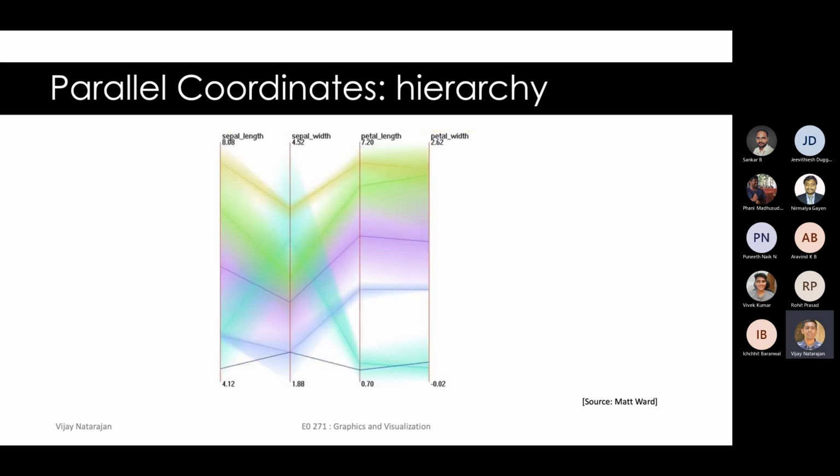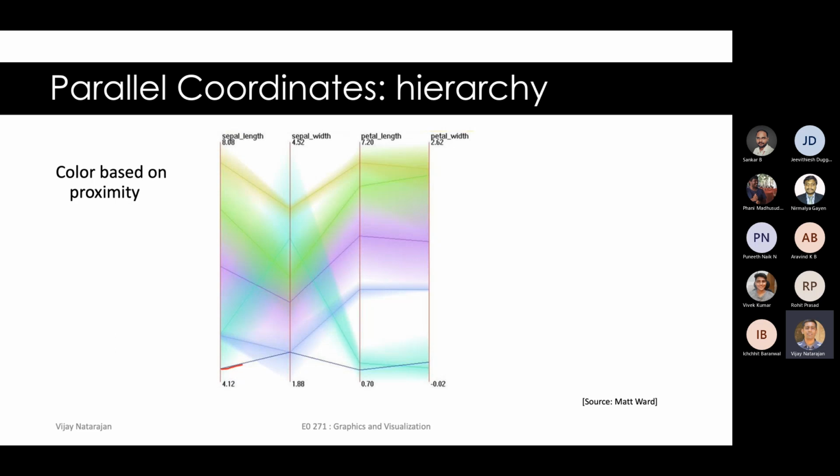With parallel coordinates, you can also show hierarchy using colors. For example, what is shown here is color via proximity. There are a lot of data points here, and there is already some clustering that's done, and the cluster representatives are shown in solid.